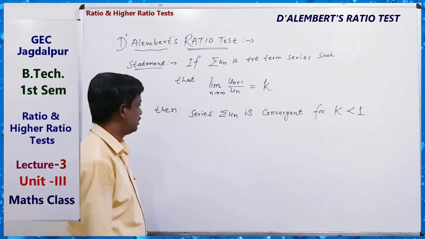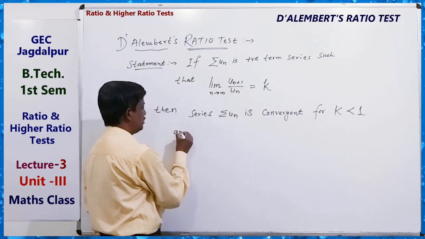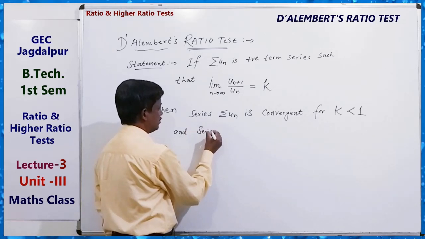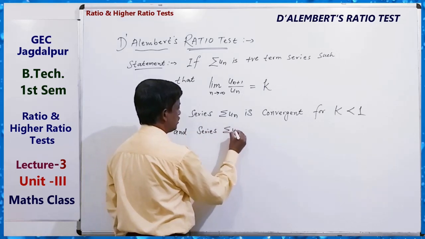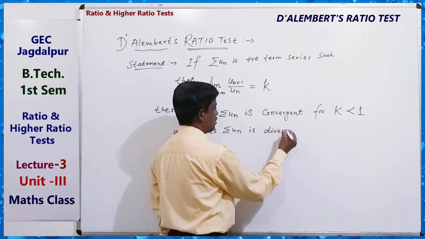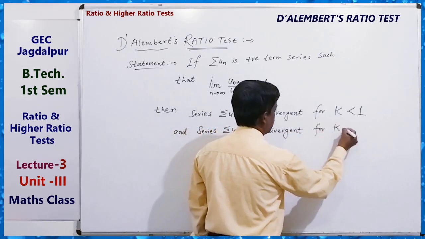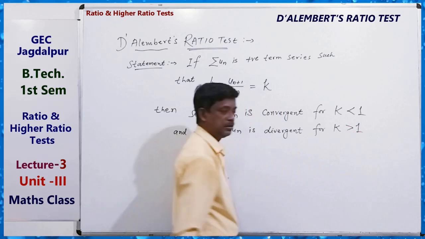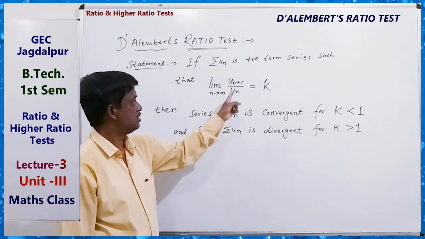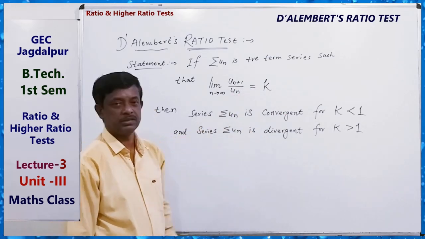And the series Un is divergent for k greater than 1. If this is the ratio and its limit k is less than 1, convergent; greater than 1, divergent.